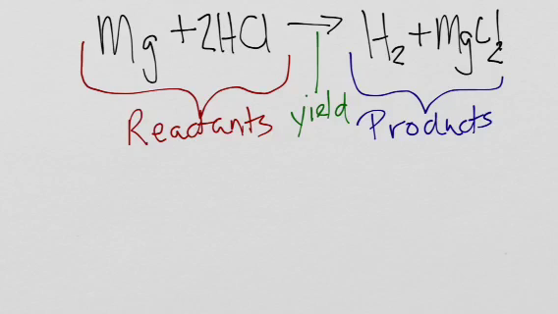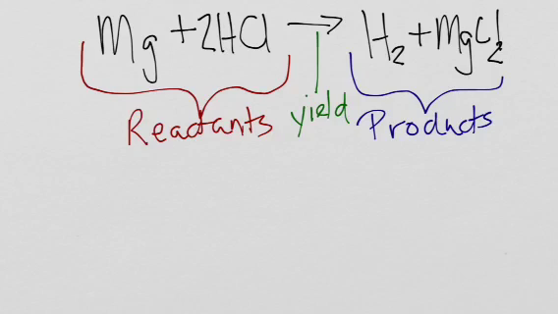Okay? In this case, we mix 2 atoms of magnesium with 2 molecules of hydrochloric acid. They mix together, they might bubble, they might give off heat, they're going to do one of those 5 things that we talked about when we talked about what a chemical reaction is, and they're going to give rise to new substances.